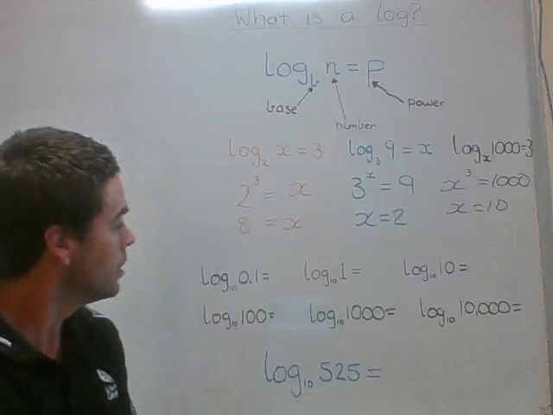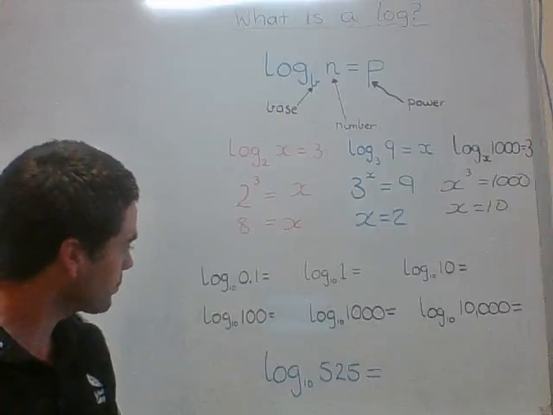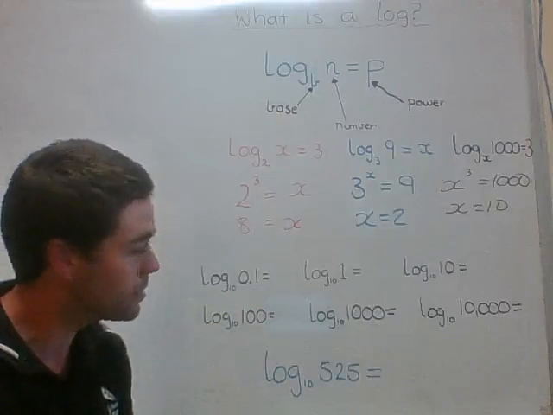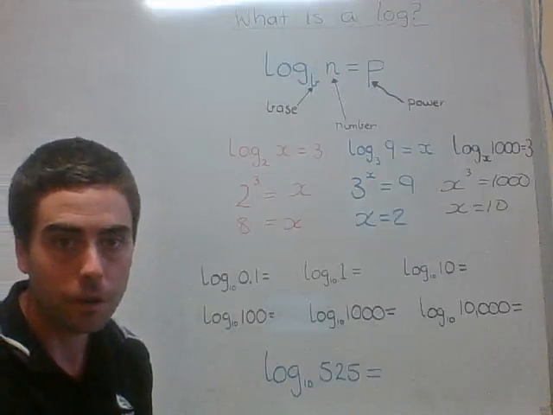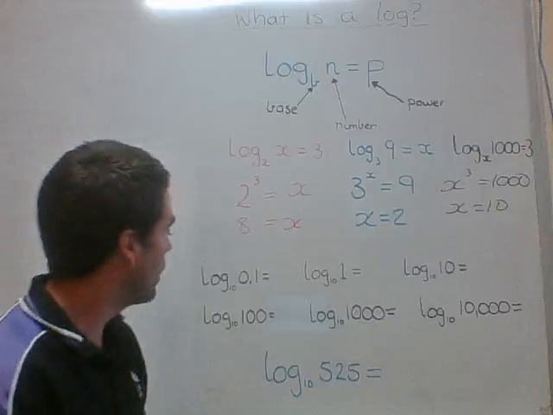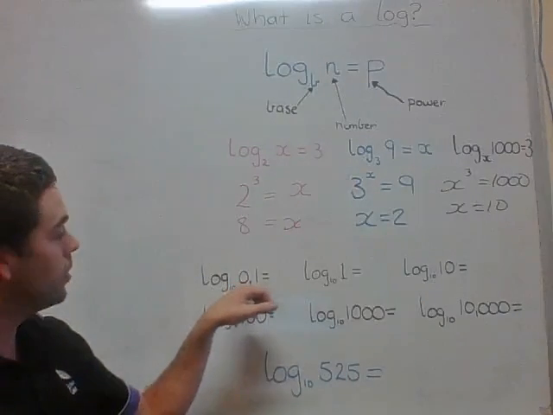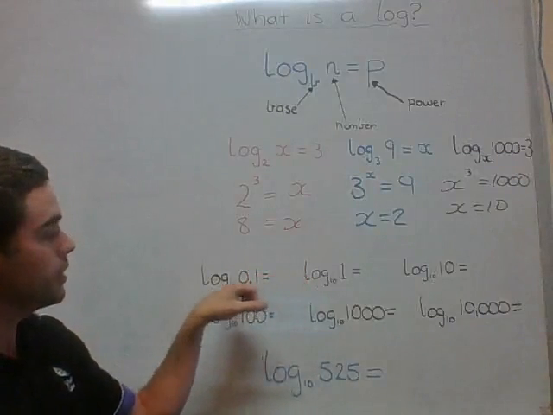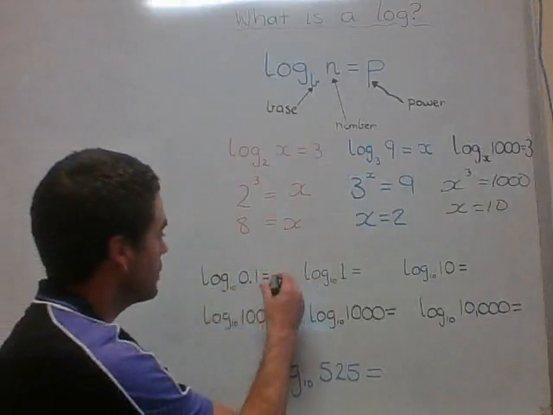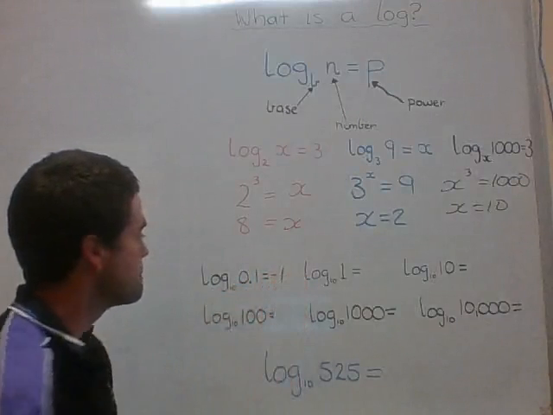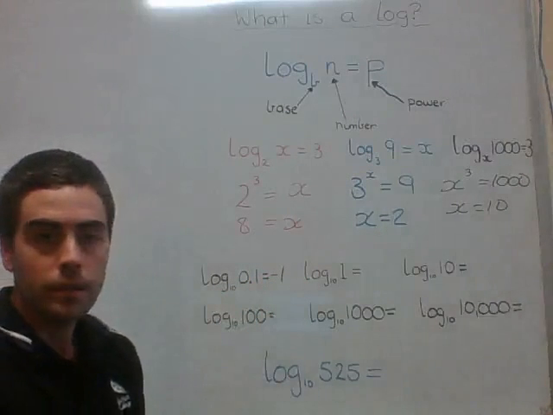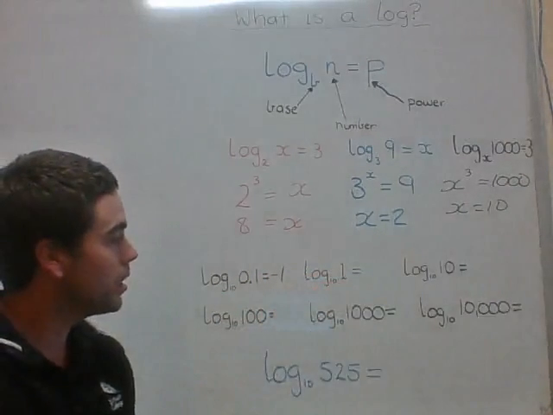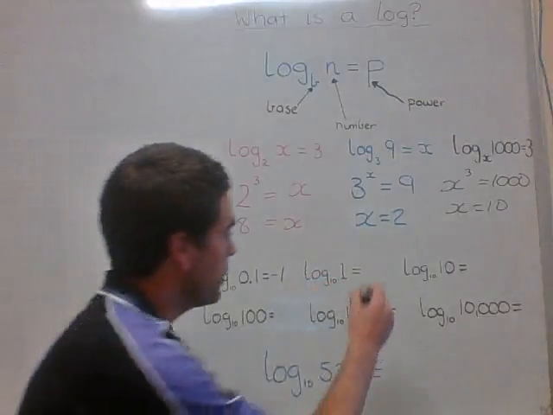So I just want to have a bit of a look at some of the bases that you're likely to come across. So log base 10 of 0.1, what that's asking is 10 to the power of what gives me 0.1, and that's going to be 10 to the power of negative 1. 10 to the power of what gives me 1, 10 to the power of 0 gives me 1.